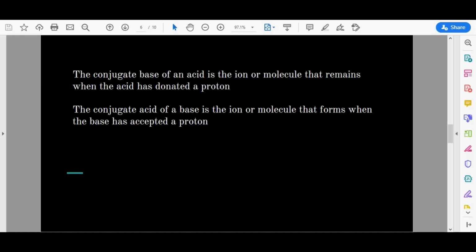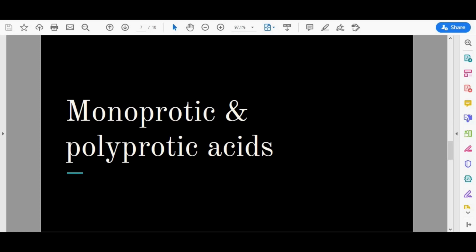Simple definition for the conjugate base. Then the conjugate acid of a base is the ion or molecule that forms when the base has accepted a proton.